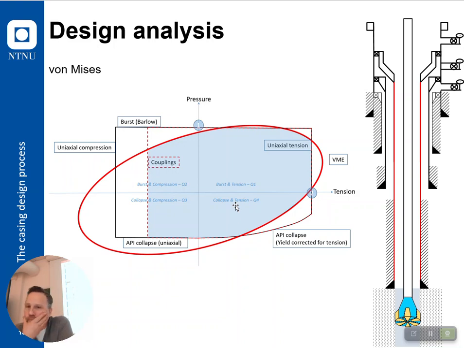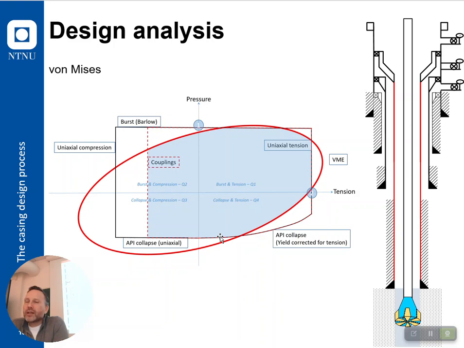And this bent part here is a correction that API does for the triaxial part. Otherwise, it would only be valid in this point where there's no actual stress whatsoever. But at some point, the industry saw that we have these nice calculations, but still our pipes are collapsing.